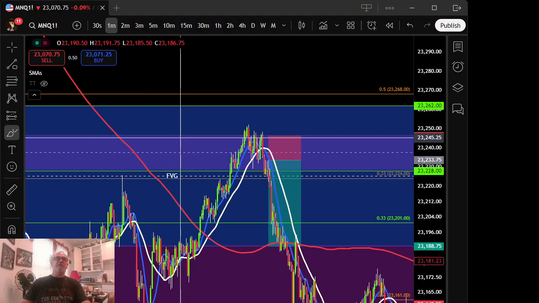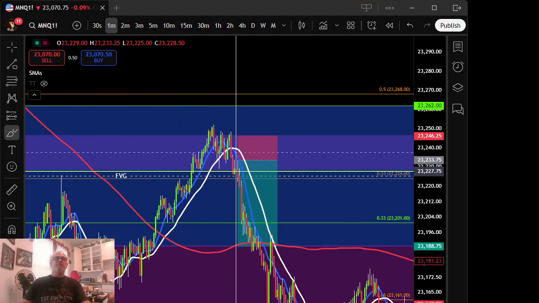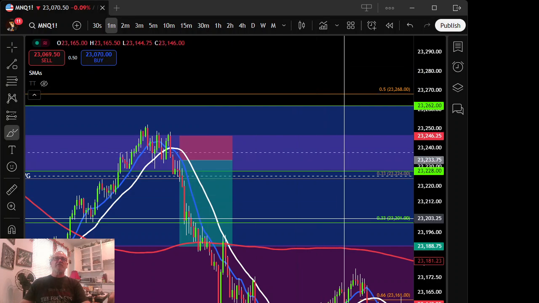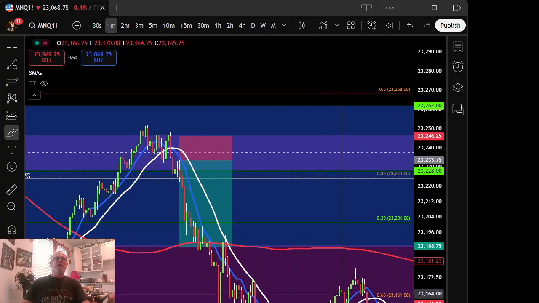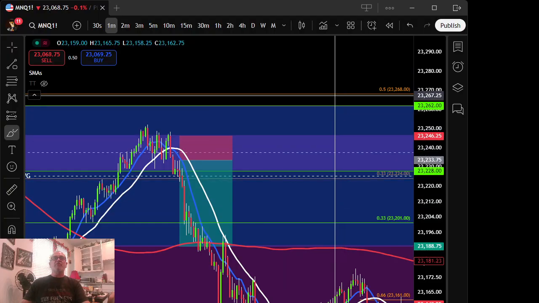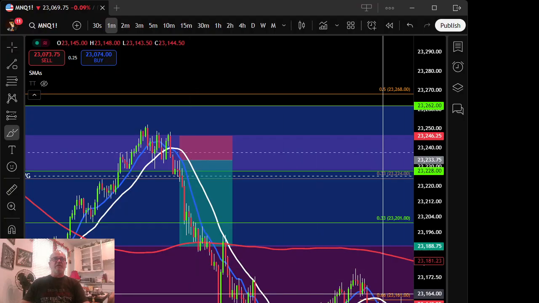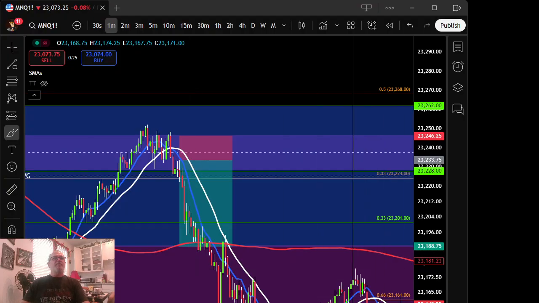I'm sorry, this is a 15-minute fair value gap. These are 15-minute levels. My fib levels that you see are all based mostly on the 4-hour. I do use a certain fib level. You can see like down here, this little small one down here, on swings.